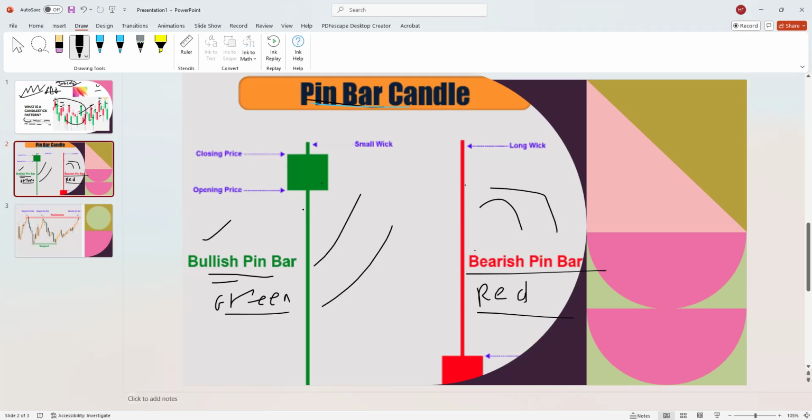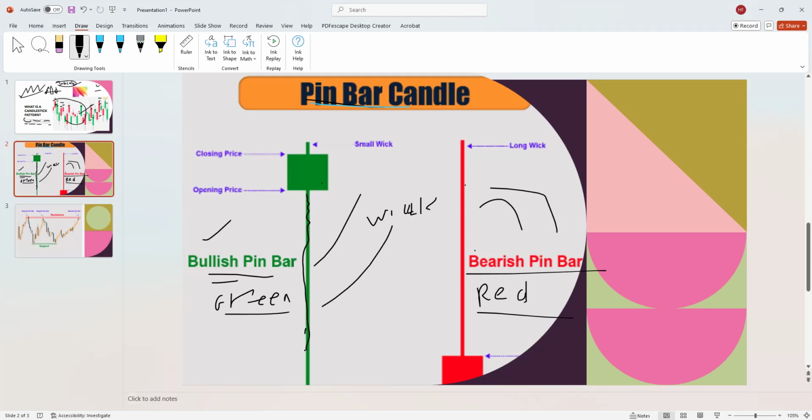Now, pin bar, for instance, we have this. That means we have an empty wick. We call it wick, W-I-C-K.